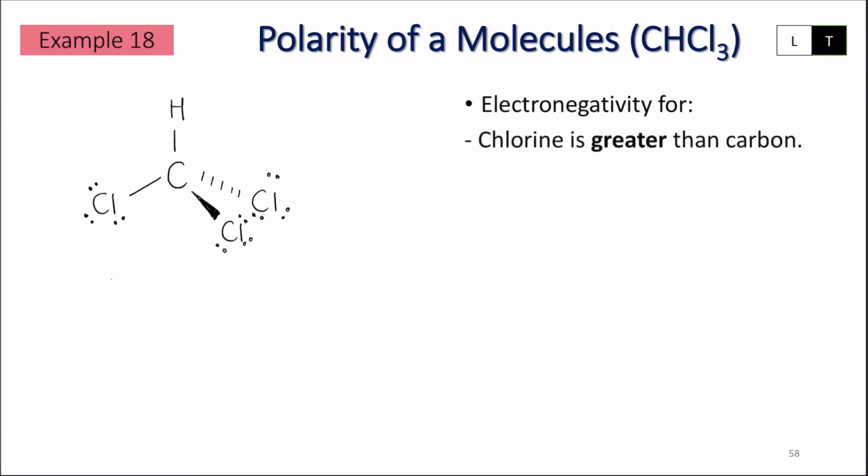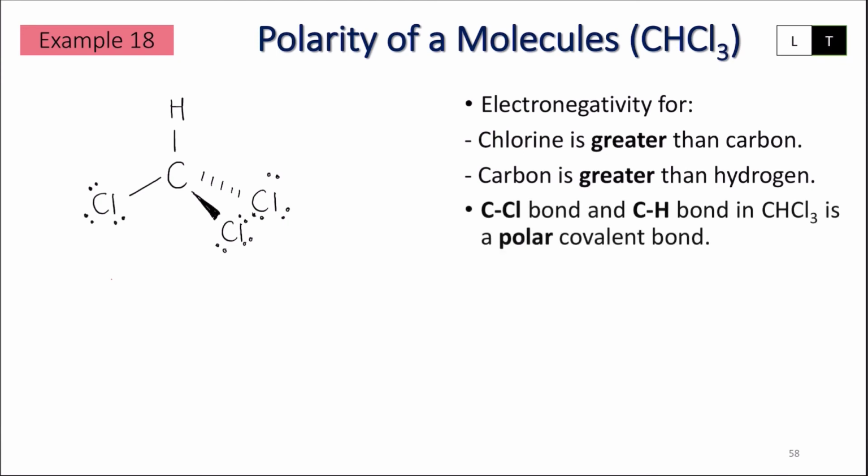And the next one, electronegativity for carbon is greater than hydrogen. Hence, dalam kes ini, kita boleh conclude bahawa 3 CCl bond dan 1 CH bond dekat sini in this molecule is polar covalent bond sebab kita boleh nampak ada difference of electronegativity between them.